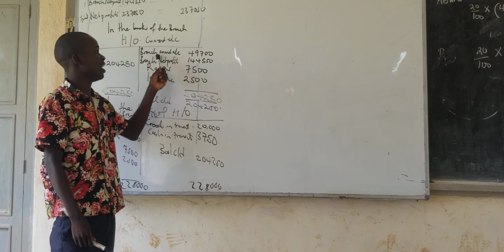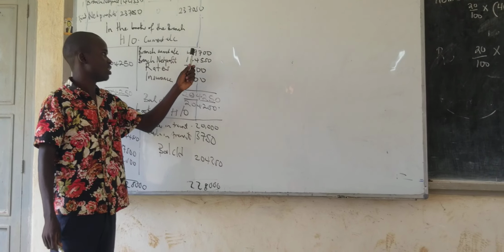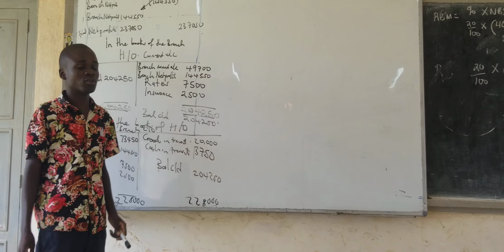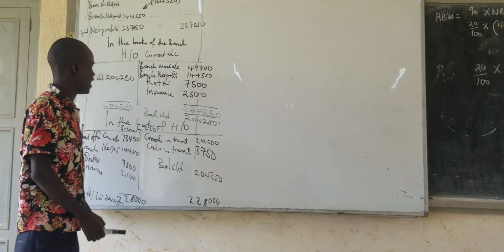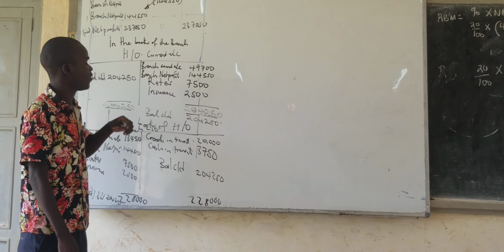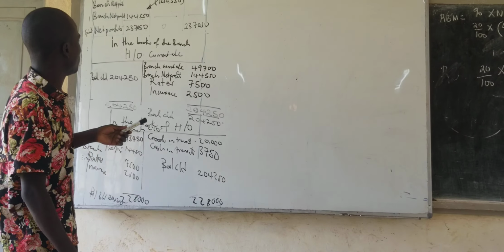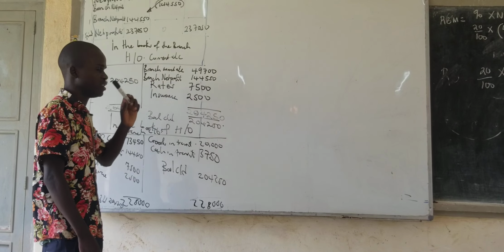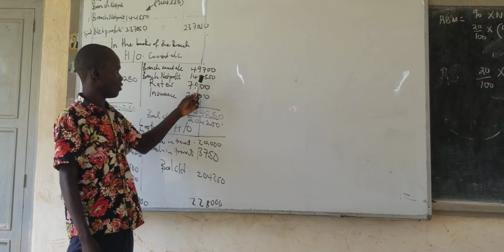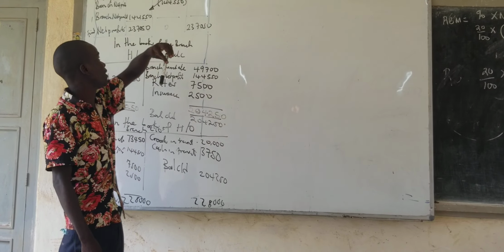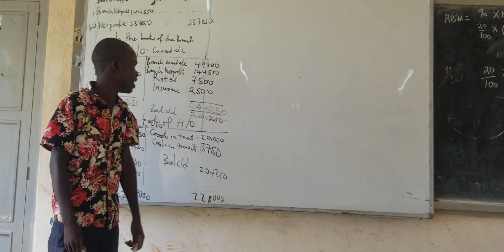The branch has transferred its cash, and this branch current account is always found in the trial balance. Then the branch has to transfer the net profit that it made to the head office. That's why we are seeing the branch net profit of this amount, which you pick from the figure made by the branch.